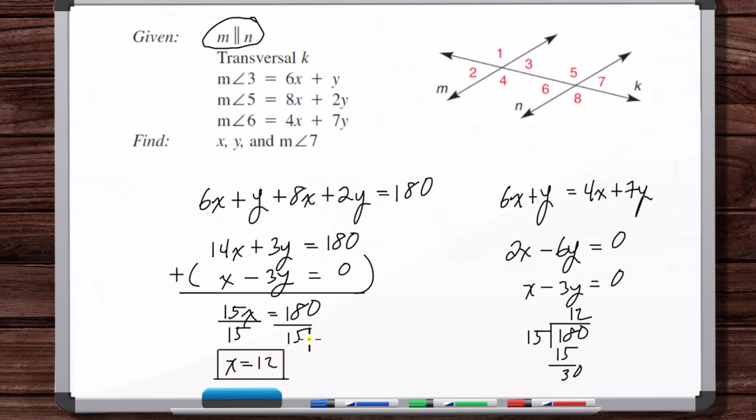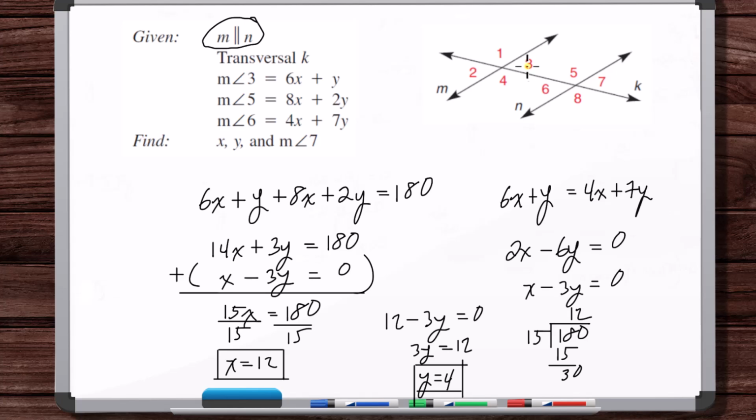So x is equal to 12. What does that mean? Y is equal to, so 12 minus 3y is equal to 0. 3y is equal to 12. Y is equal to 4. Okay, now the measure of angle 7, let's see. 2 and 7 are congruent, right?